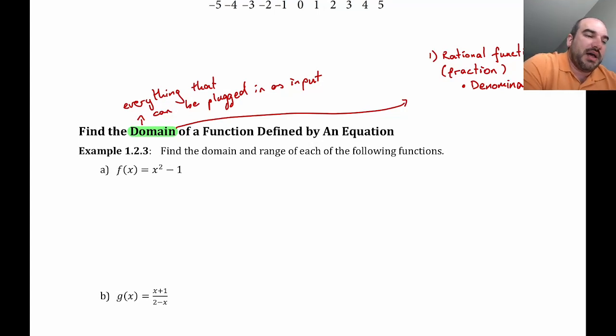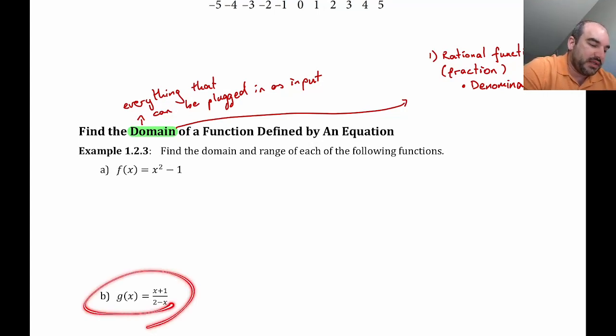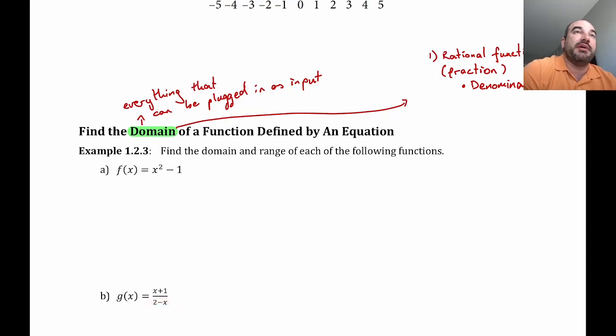When you have a fraction like this, because we know that we can't divide by 0, and that breaks the rules of life and math, we have to make sure that this denominator never becomes 0. So you take your denominator, make sure it's not equal to 0, figure out what would make the denominator 0, and exclude those from your domain.